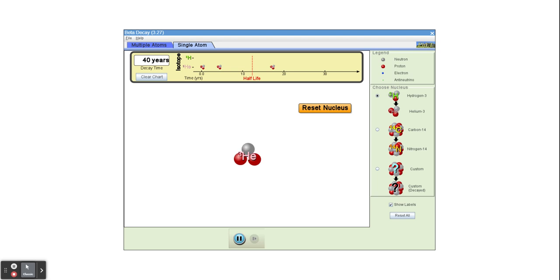It says electron and an antineutrino. But when they first detected it, they probably didn't know that it was an electron, so they just called it a beta particle, and they knew it's a negative charge. Now it also gave off something called an antineutrino, but you don't need to know that for GCSE. That's A level, so let's just forget about that.